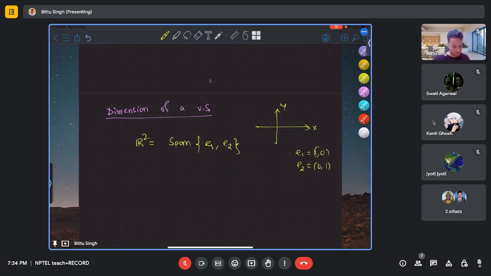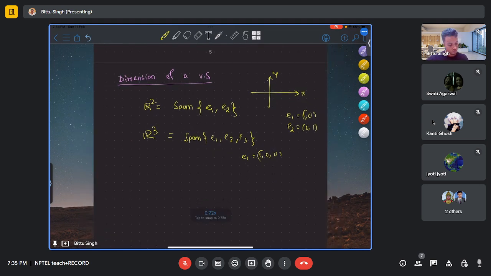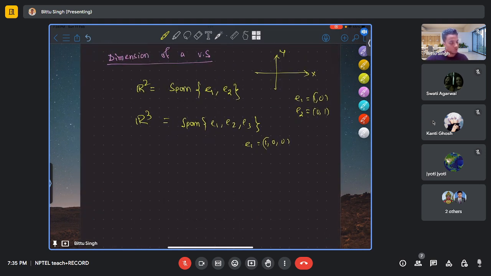Now, what will it be for R3? R3 can be spanned by three elements, E1, E2, E3. Those are three-tuples, that is E1 is (1, 0, 0), and similarly E2, E3. A question arises: what is the minimal number of elements which span the whole space?